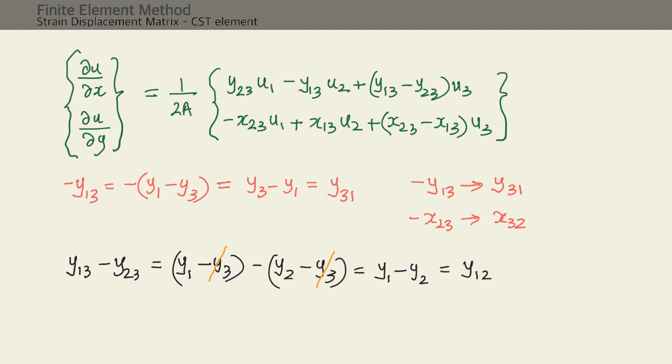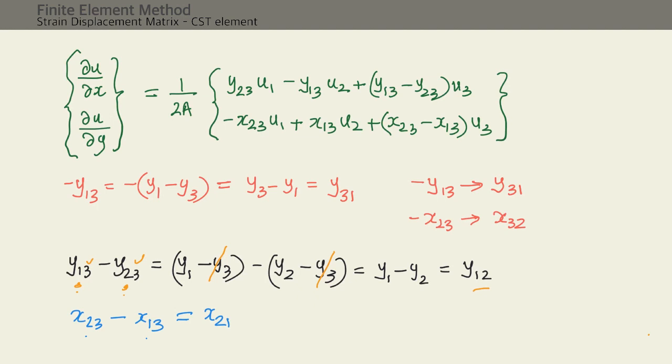Or the rule to subtract y13 and y23 is you take the first index here, that is y1, and this is y2. When you have 3 on both sides, then what you get is y12. 12 forms the first index of these two terms. Similarly, x23 minus x13, so that you can simply write with the first indices. So here it is 2 and here it is 1, so x21.